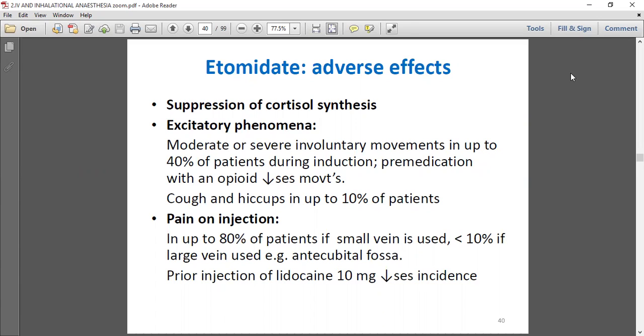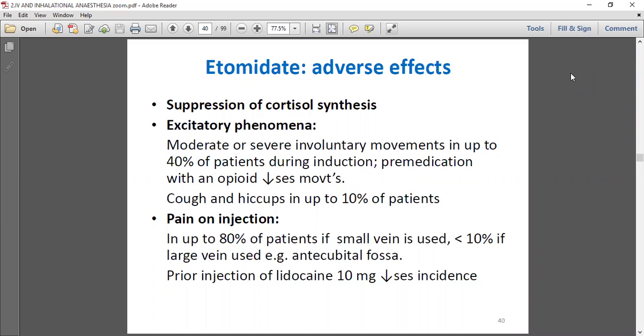So there will be excitatory phenomena, where we have moderate or severe involuntary movements in up to 40% of patients during induction. Pre-medication with an opioid decreases the movements. We have cough and hiccups in up to 10% of patients.